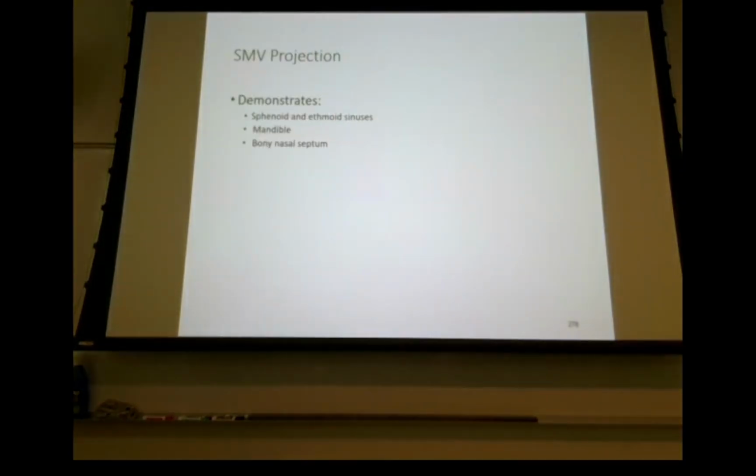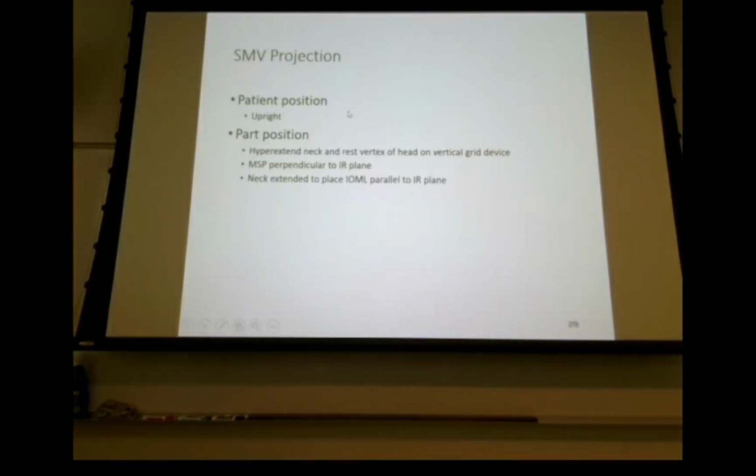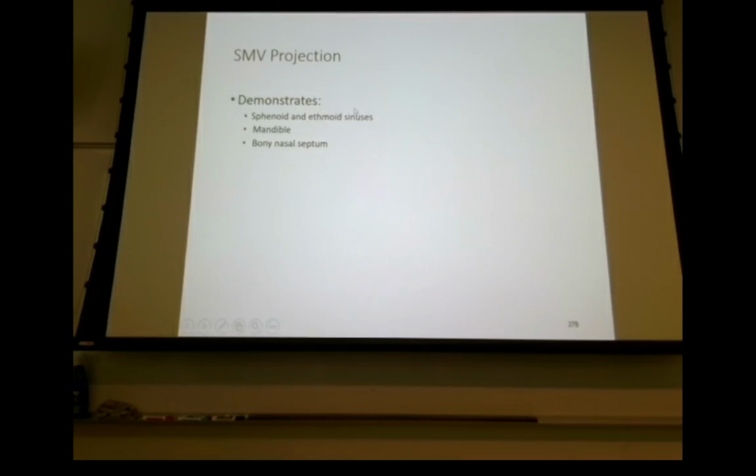Also, we do an SMV as well. So in this case, the SMV is going to be positioned just like every other SMV that we've done, and that is the infraorbital meatal line is going to be parallel to the image receptor. If you can't get that, then your central ray has to be perpendicular to the IOML.